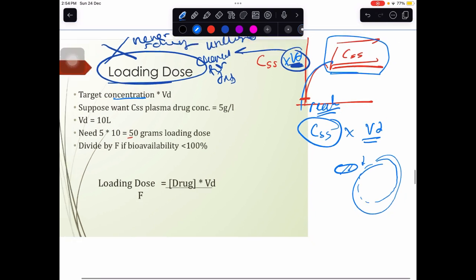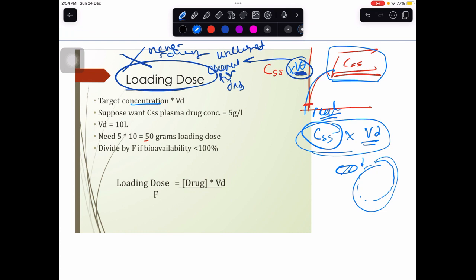Okay, so this is self-explanatory as well. Loading dose is the ability to reach the steady state, but it's also dependent on my VD, because some drugs will have different VDs, and if my VD is high, it means I can reach the steady state concentration easier.